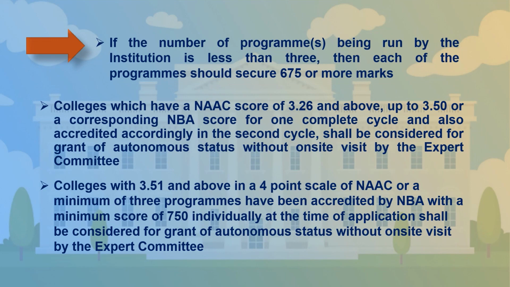Again, colleges with 3.51 and above in a 4-point scale of NAAC, or a minimum of 3 programs accredited by NBA with a minimum score of 750 individually at the time of application, shall be considered for grant of autonomous status without on-site visit by the expert committee.